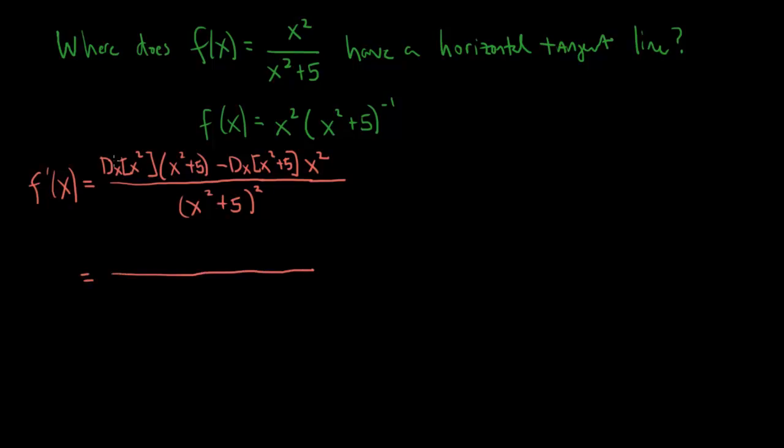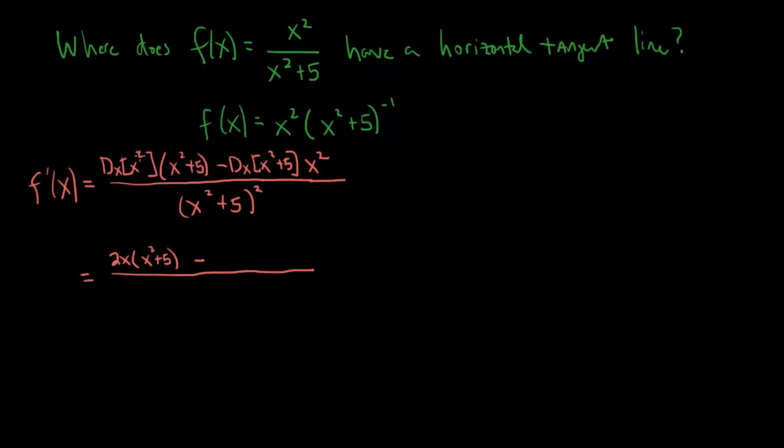What's the derivative of x squared? Well, it's 2x. So we get 2x times x squared plus 5 minus, what's the derivative of x squared plus 5? Well, oddly enough, the derivative of x squared is the same thing as x squared plus 5. That makes perfectly good sense if you think about it, because those are both parabolas.